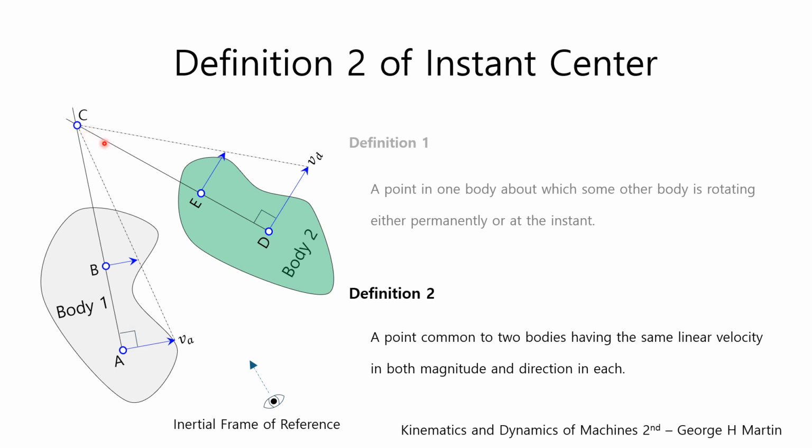At this time, point C is the instantaneous rotational center for both bodies 1 and 2. Therefore, we can say that point C is the instantaneous center for bodies 1 and 2.